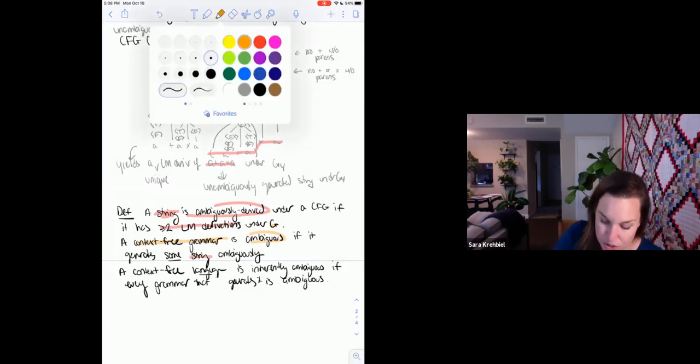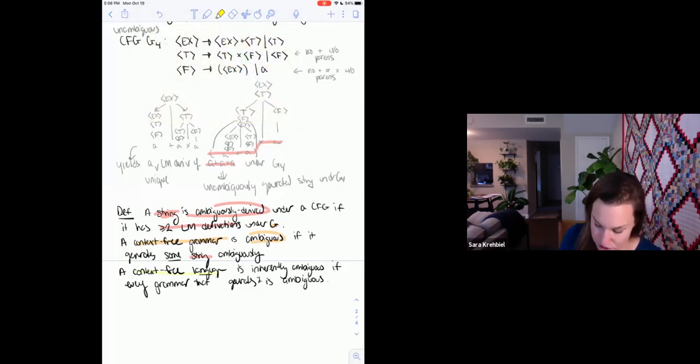But then to argue that a language is inherently ambiguous, we have to argue that not just a particular grammar, but every grammar that generates it is ambiguous. So the first 2 things are easy because there's sort of an existential nature to those. So we're saying there should exist some string that has 2 leftmost derivations. So just provide the string and provide the derivations to show that that string is ambiguous.